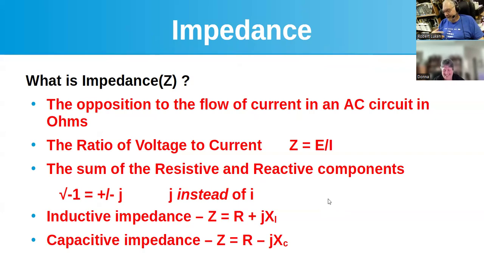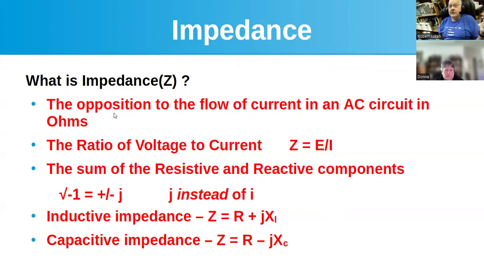Just remember, capacitors pass high frequencies, inductors pass low frequencies. Okay, so we'll talk about impedance, which is, like I said, a complex number, and it's the opposition to the flow of current, like a resistor, except in an AC circuit.